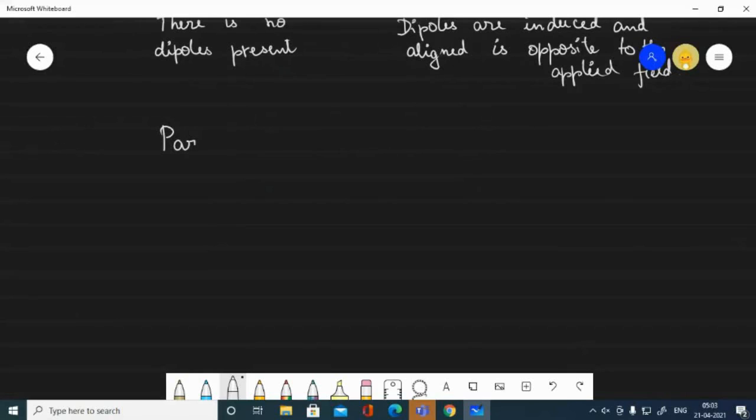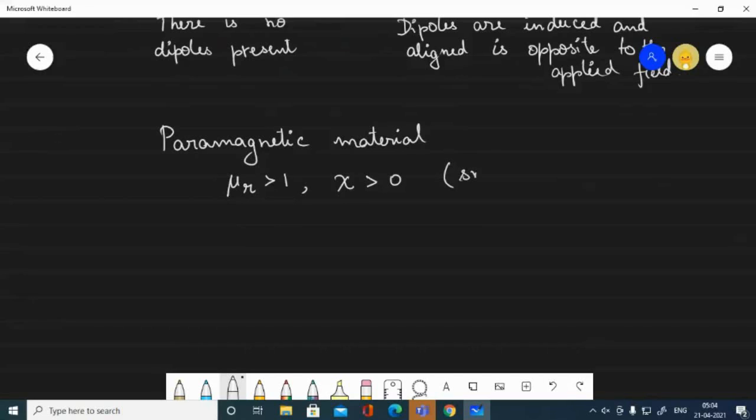As we have seen, a paramagnetic material is one in which relative permeability is slightly greater than unity, and chi is a small positive value. Susceptibility has a small positive value.